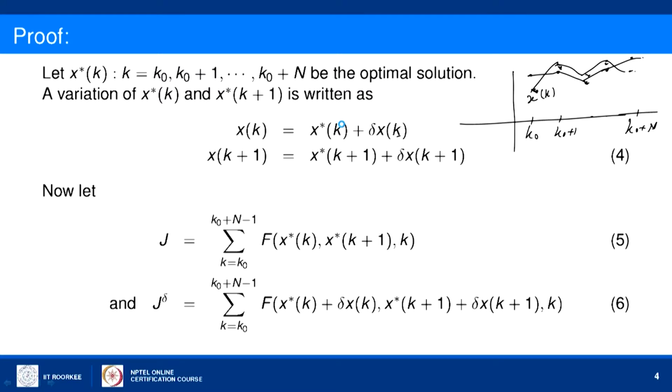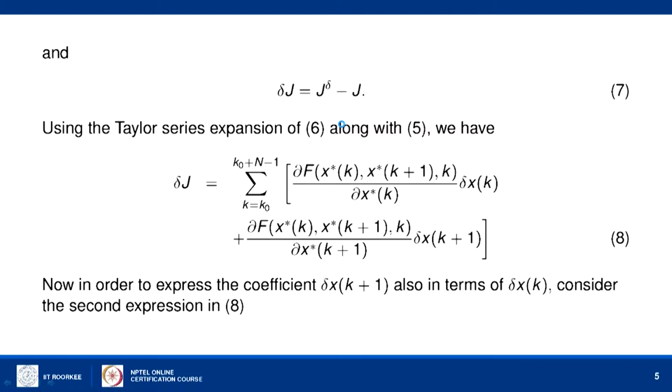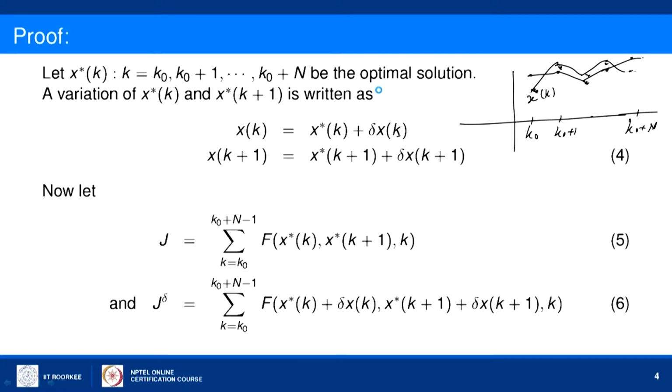J delta is this, J is this, subtract these two, we get this expression. Now, we write the Taylor series expansion. The first variation in J is given by J delta minus J, and if you observe from the previous slide, J delta is the expression 6.